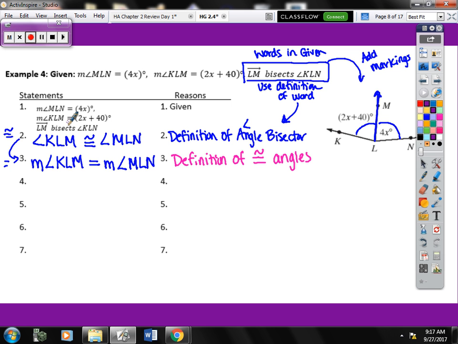I know in algebra you could just plug in anything on either side. You have to be really neat and orderly. So KLM was 2x plus 40. MLN is 4x. And again, we substituted. That's our substitution property of equality.